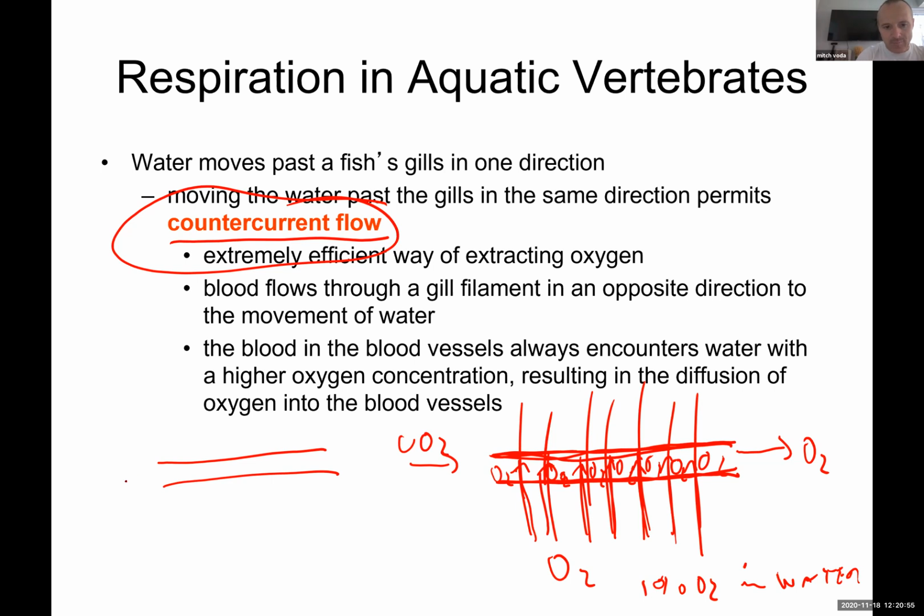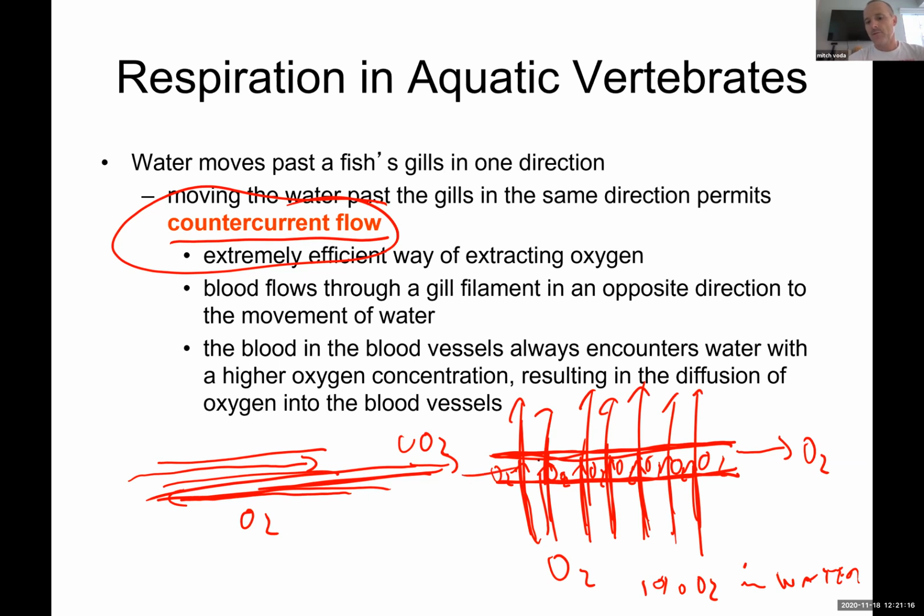As the blood moves in one direction, it picks up oxygen in the opposite direction. So you constantly bring a fresh supply of oxygen as the blood moves along the veins in the gills.